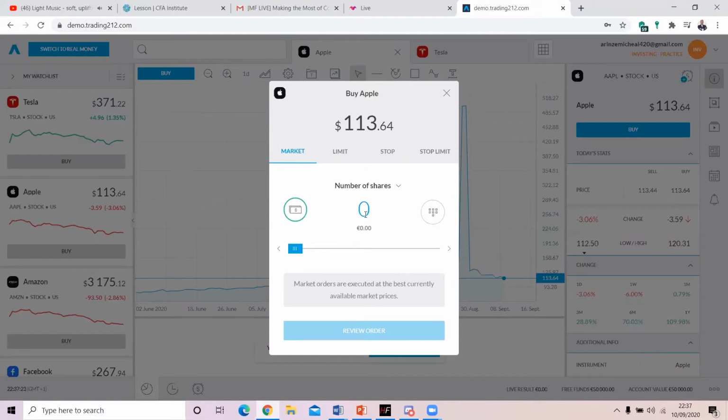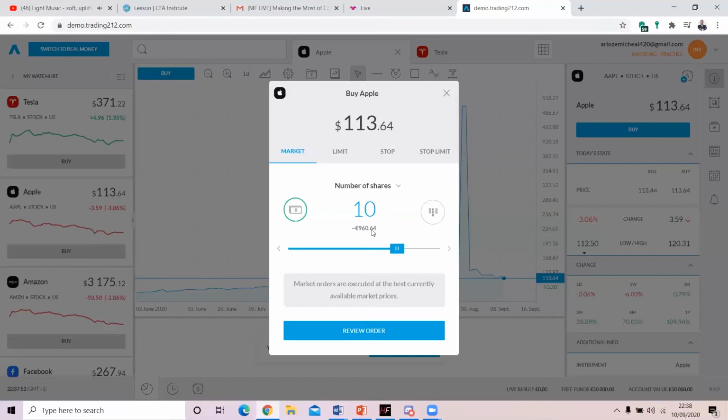If you want to buy, there's something called fractional shares, which means you can buy less than 1 unit of a share if you don't have the amount for the cost of that share. So let's say we want to buy 10 Apple shares. I'll just type 10 and then it comes up.